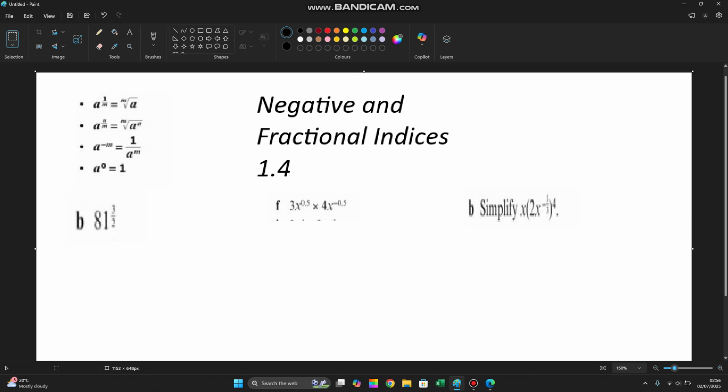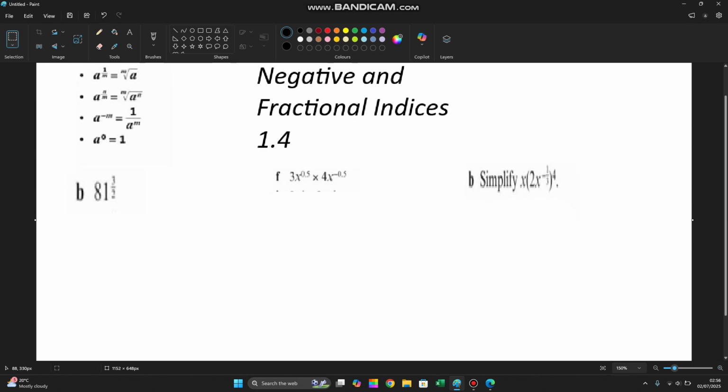So, here we are. Let's do some questions. 81 to the power of 3 over 2. So we're going to use this one here: a to the n over m equals the m-th root of a to the n.